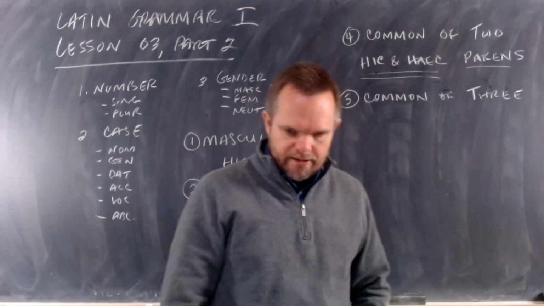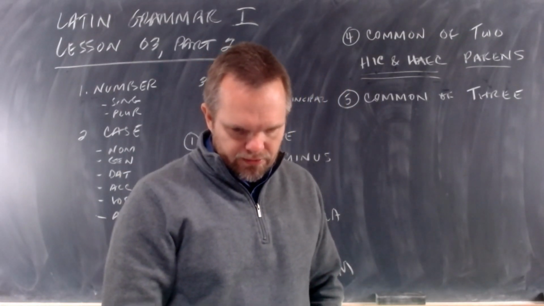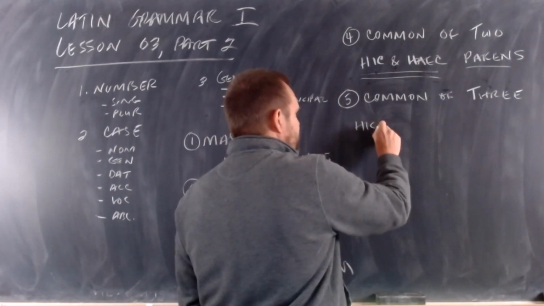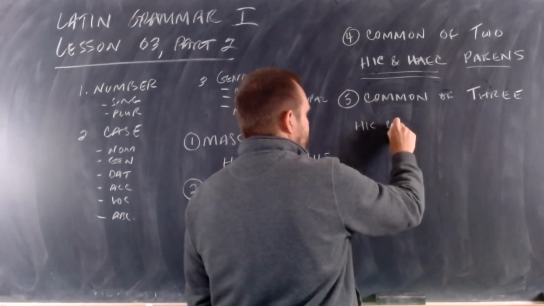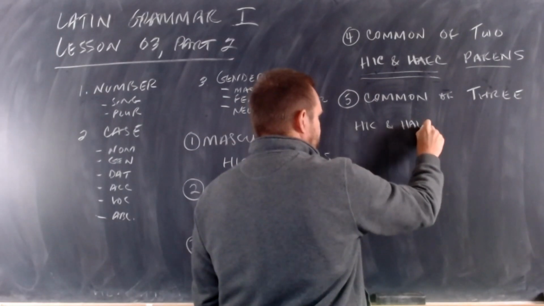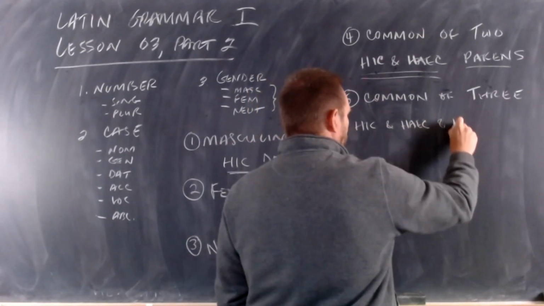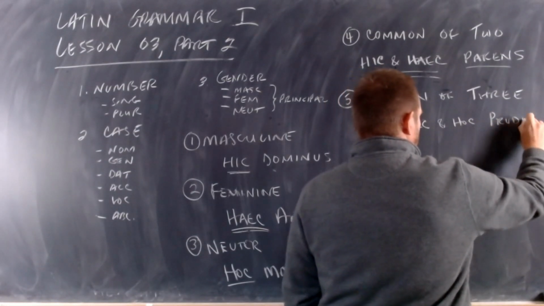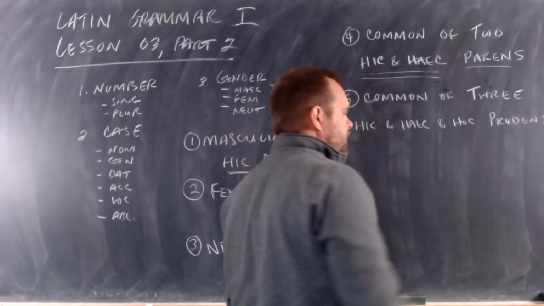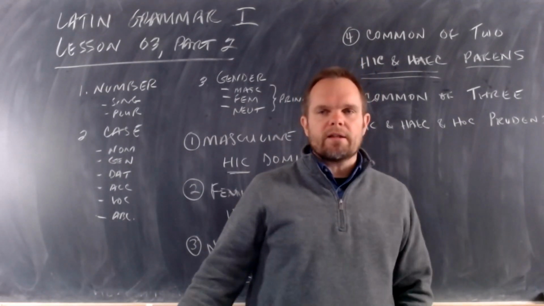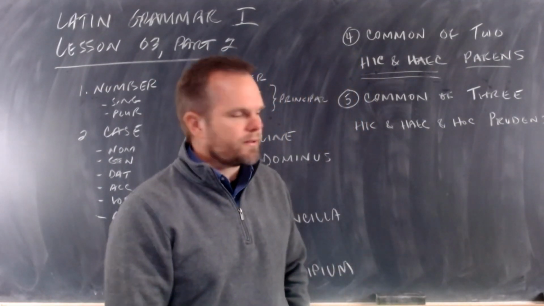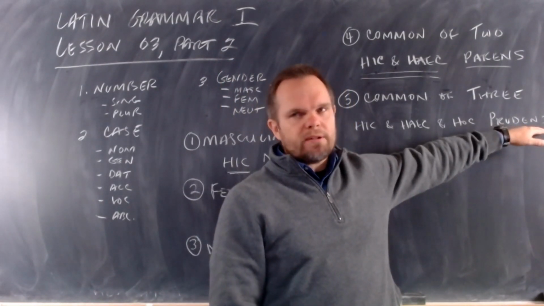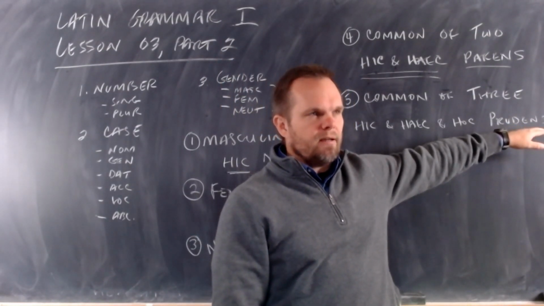Common of three. The example that they give us in the book is prudens. So we have hic prudens, et haec prudens, et hoc prudens. The Latin word prudens means wise, like prudent, wise. You'll notice that it's not a substantive noun, but it's an adjective noun, right?